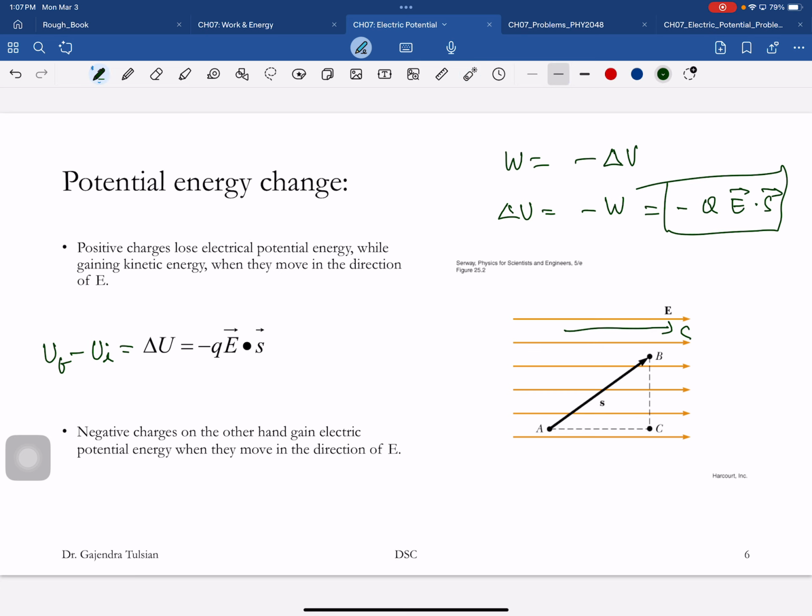Here is S, here is E. E dot S is positive when the charge is falling in the direction of the electric field, and if the charge is positive, then it's losing potential energy. If the charge is negative, it's gaining potential energy. So negative charges gain electric potential energy when they move in the direction of the field.